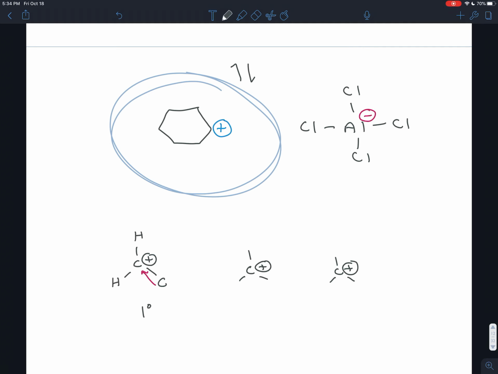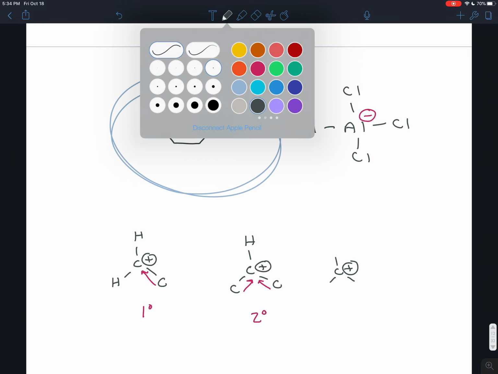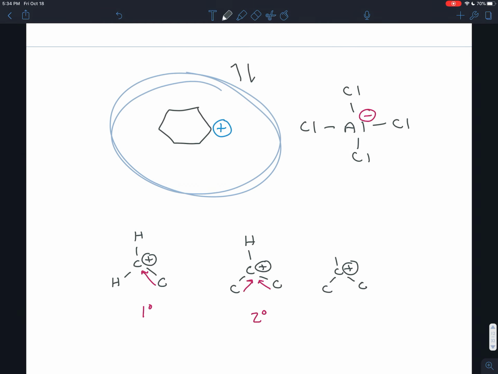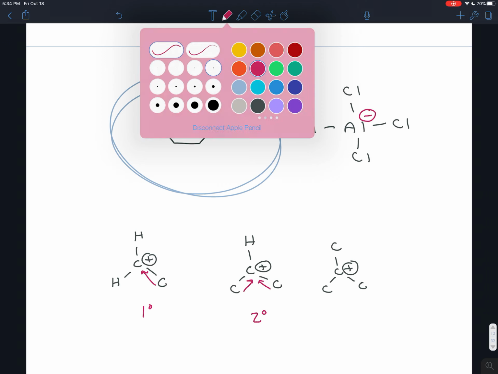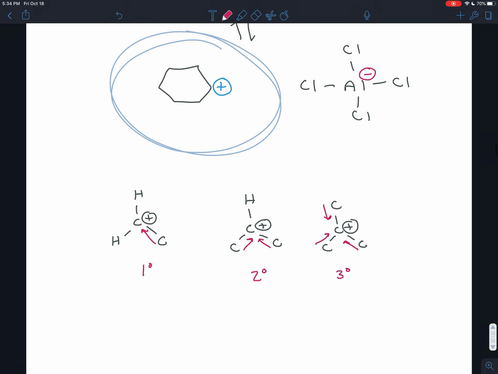Hydrogen doesn't have as many electrons to help that out with. You could have the carbocation bonded to two other carbons, in which case they both could help donate their electrons to stabilize it, and that's secondary. Or you could have your carbocation bonded to three other carbons, in which they all could help donate electrons to stabilize this, and that's tertiary.